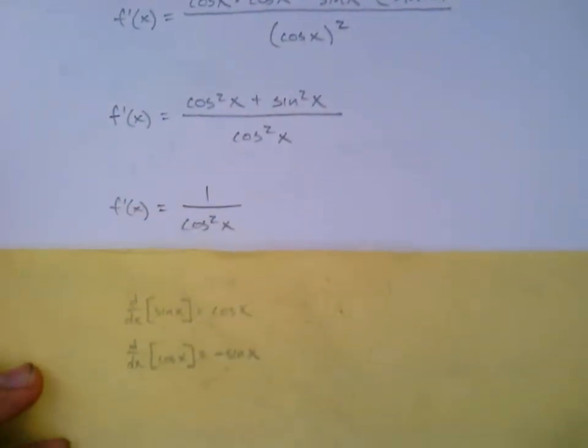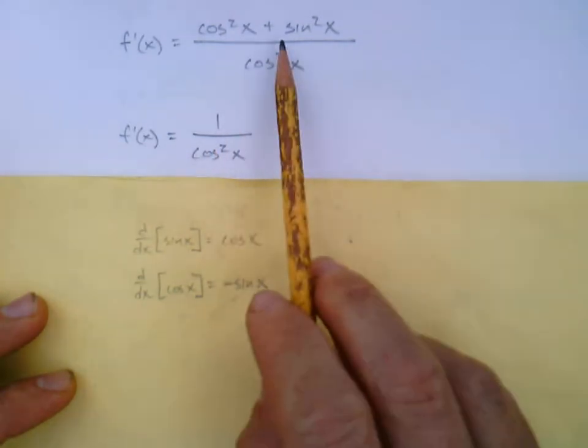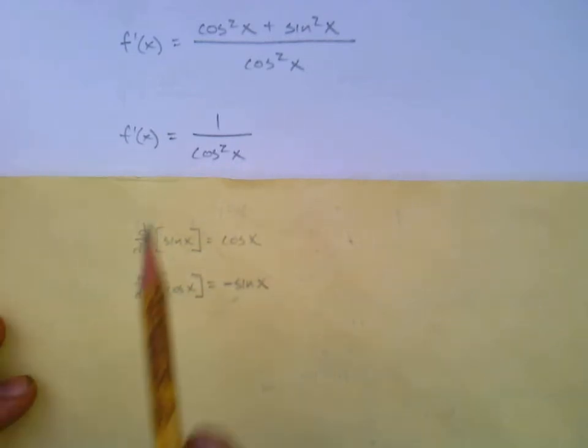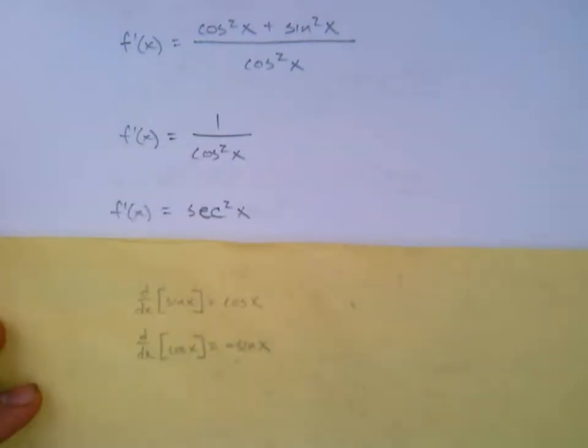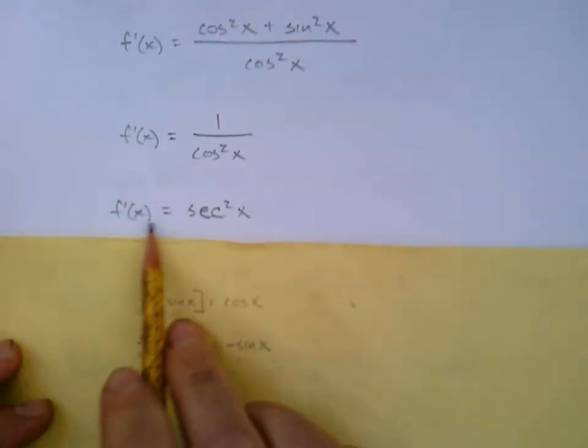For any value of x, cosine squared x plus sine squared x will always equal 1. So we got 1 over cosine squared x. And if that's what we're looking at, hey, let's just think of it as secant squared x. Do that reciprocal. All right. That's your derivative of tangent.